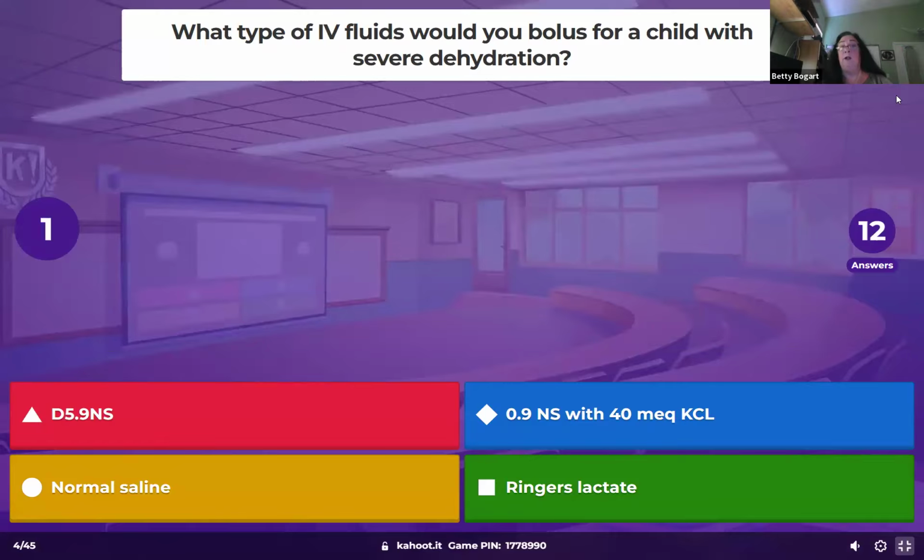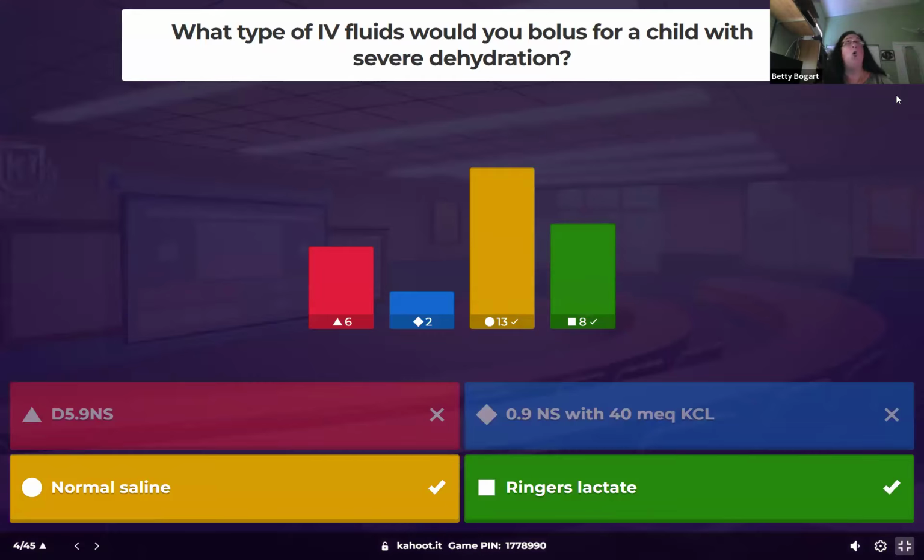This is the way you bolus fluids, and it is no potassium, no dextrose. You only want normal saline or Ringer's lactate. If you notice the one, D5 0.9, that's dextrose. No. 0.9 normal saline with potassium? No. It's only saline or Ringer's. No potassium, no dextrose. That's a very important concept.